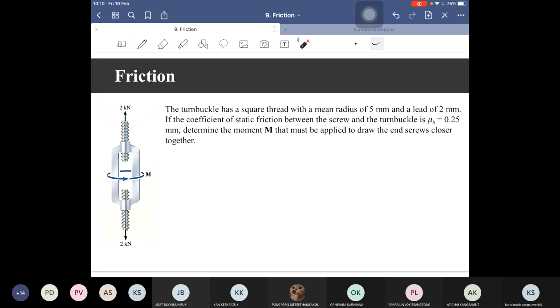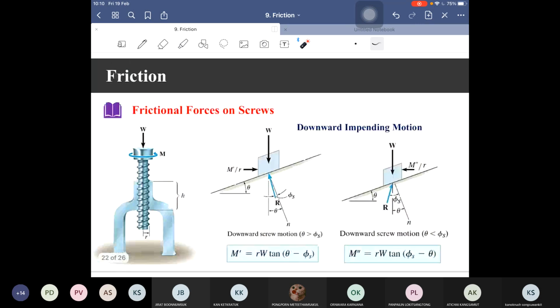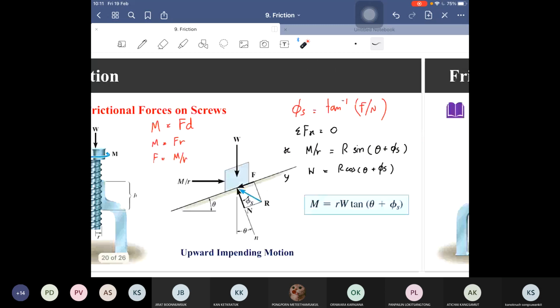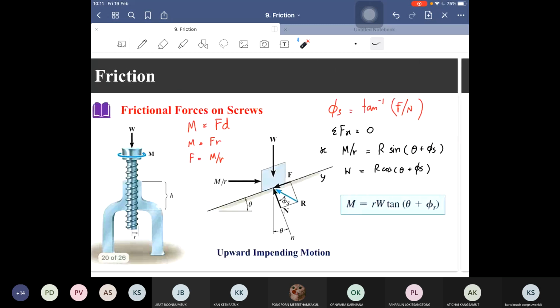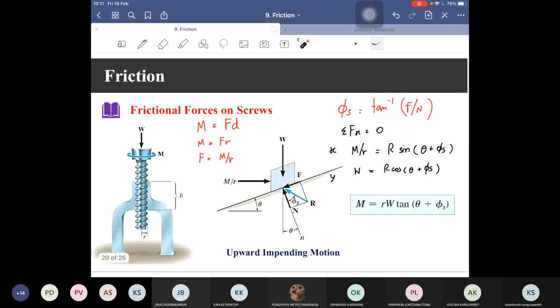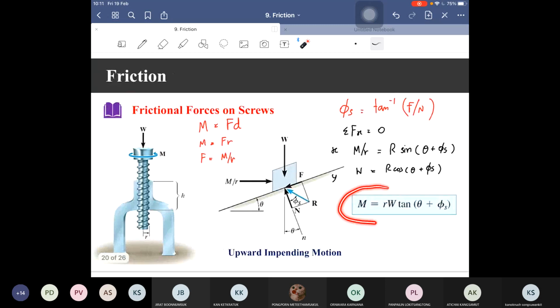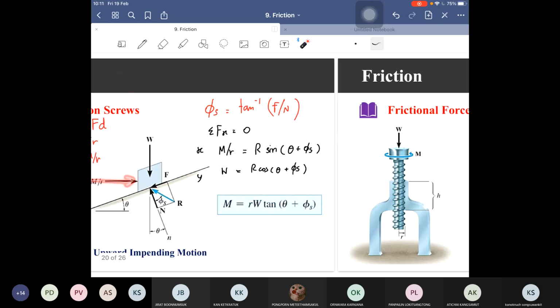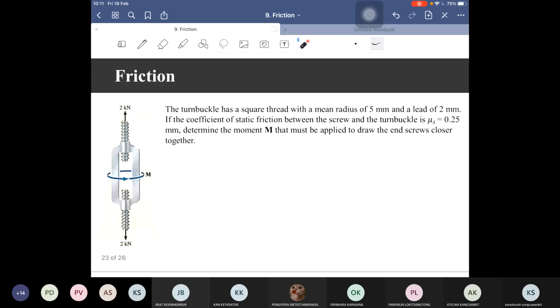Okay, so in this state, you have to choose the right equation. Okay, like this one. We insert the moment to make the screw move.